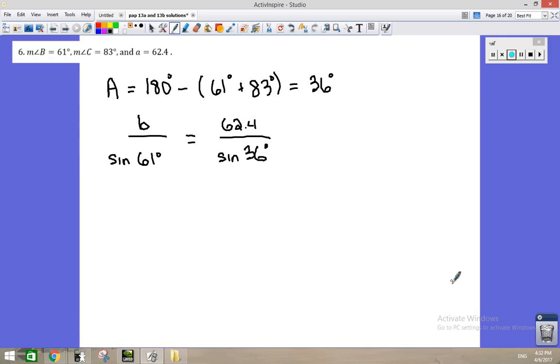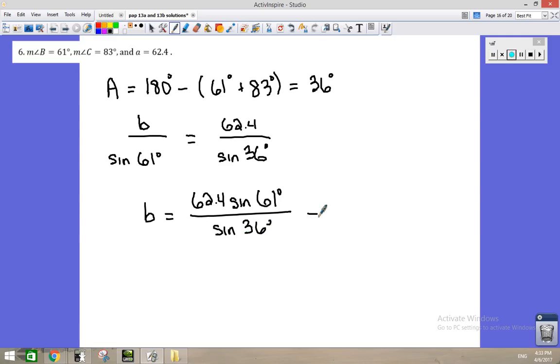This equation is a proportion, and you can solve it by cross multiplying. It's probably easier to just multiply along this one diagonal, because then we'll get B. So if we multiply both sides by the sine of 61, we get this.